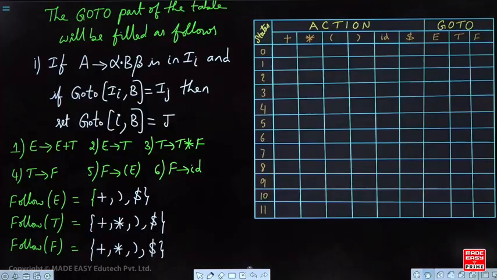Whenever I say parsing the input string, you will understand the meaning of shift j. That means you have to push the symbol, then push the j into the stack. That is the meaning, but it is not at all required. Unnecessarily, I don't want to waste your time, that is the reason I am skipping that.